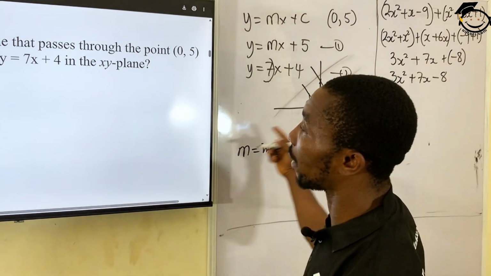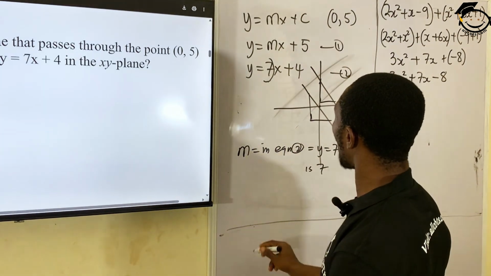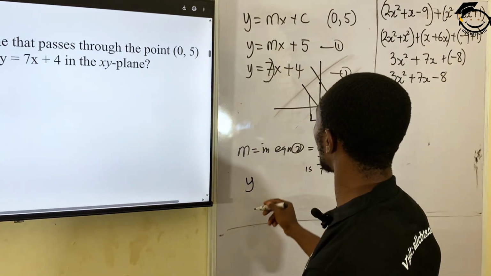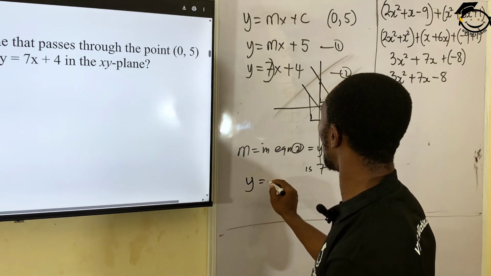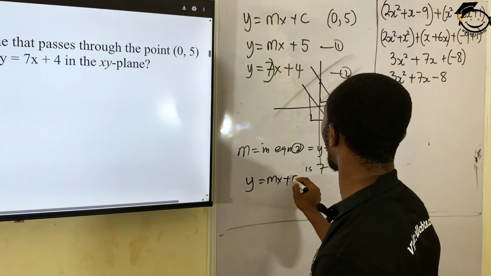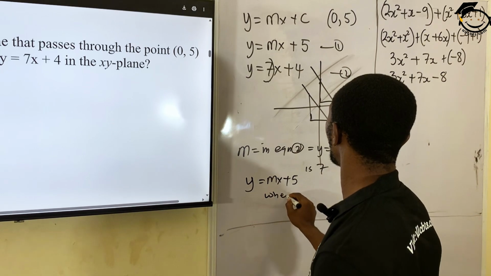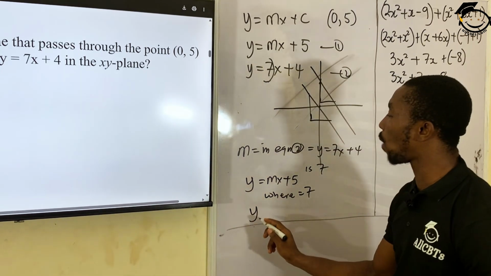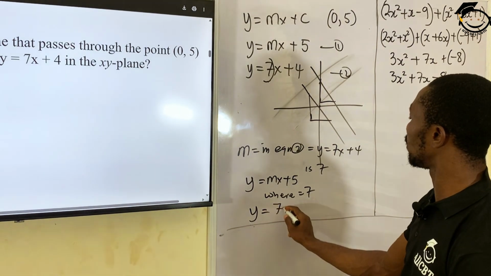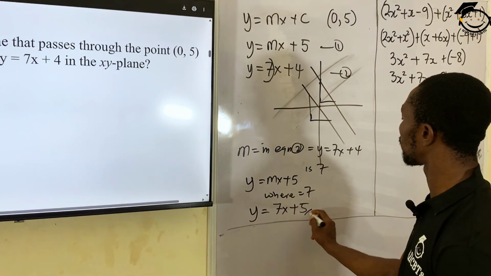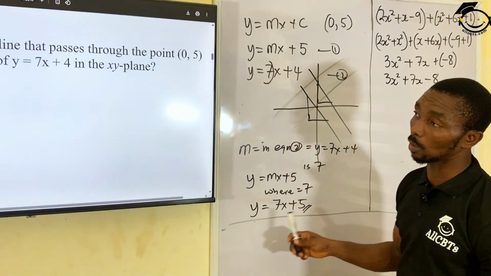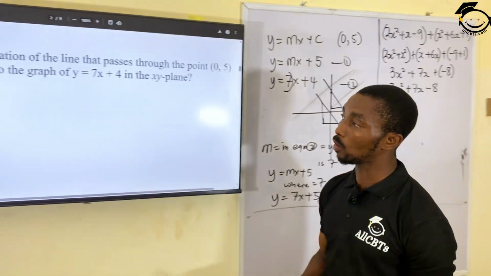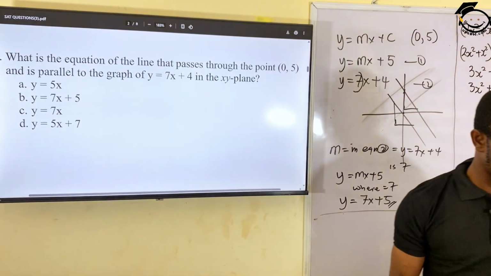That means invariably the gradient of the next one, since they are parallel, will be m equals 7 in mx plus 5. So our equation of the line will become y equals 7x plus 5. So that is option B, y equals 7x plus 5.